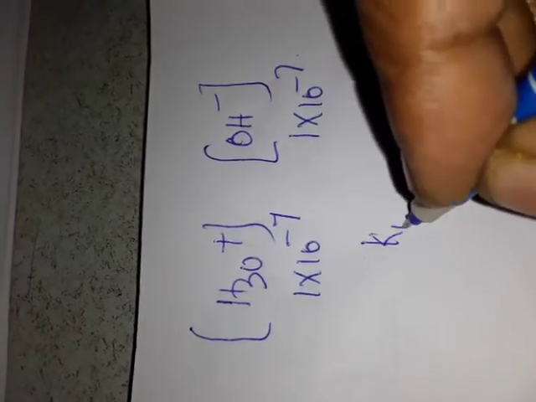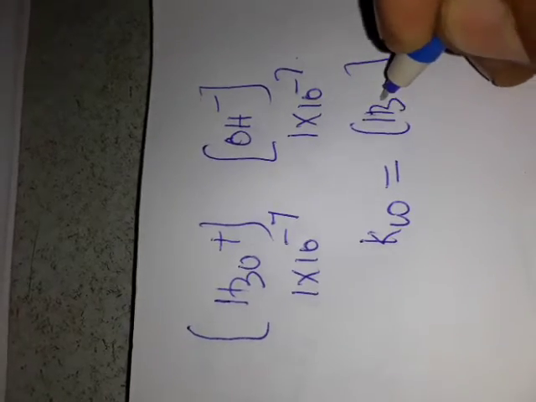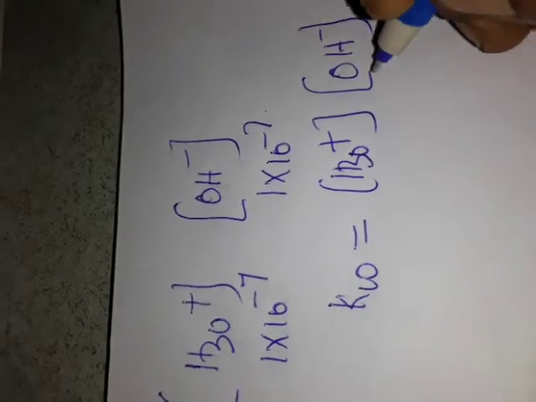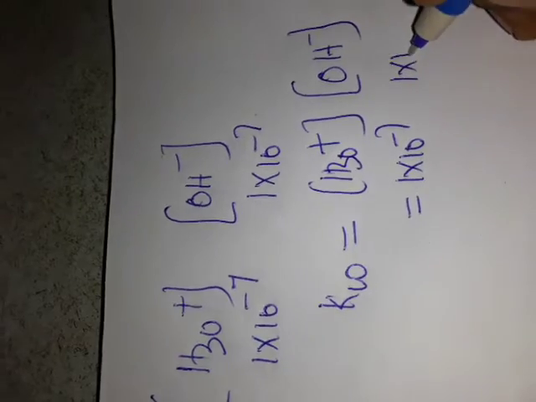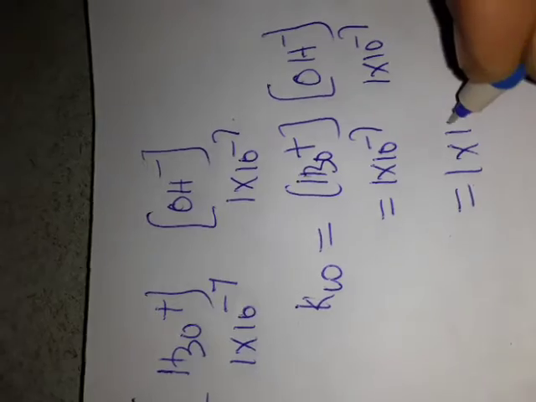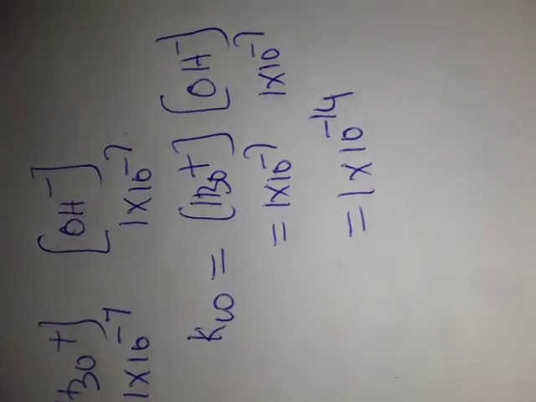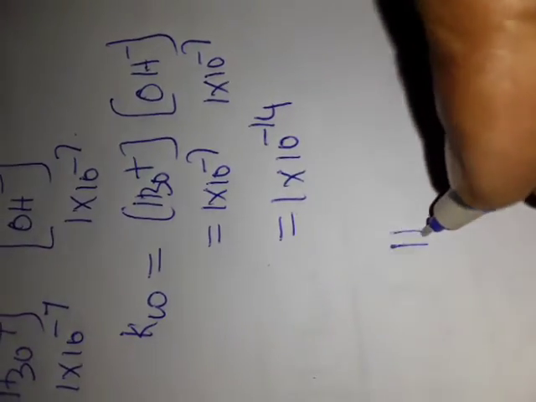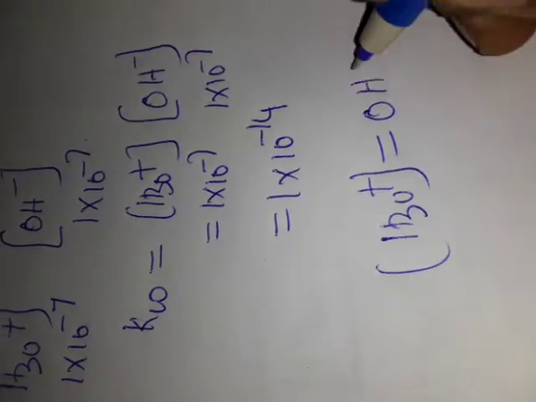So Kw, the ionic product of water, is the product of H3O plus concentration and OH minus concentration, which is equal to 1 into 10 power minus 7 times 1 into 10 power minus 7, that is 1 into 10 power minus 14. In neutral solution like NaCl, H3O plus concentration is equal to OH minus concentration.